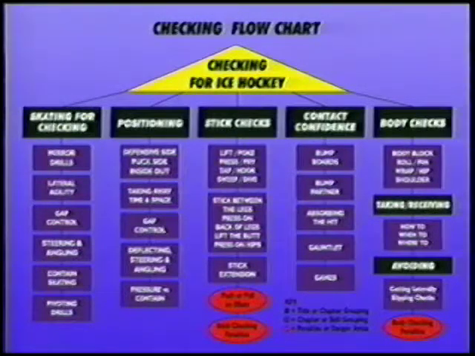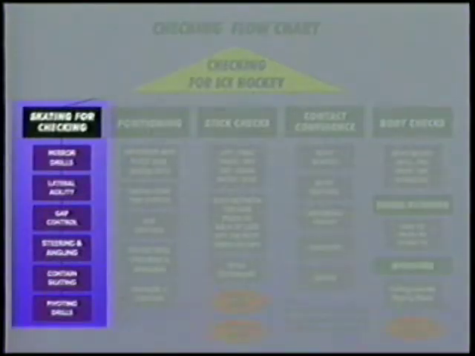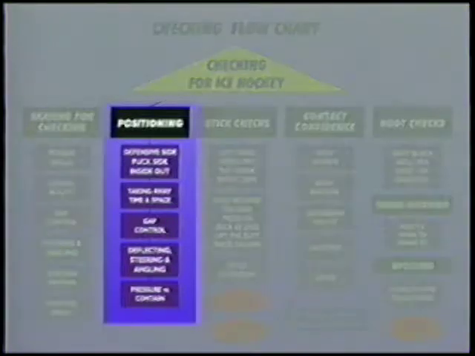I have made a flowchart so that we can define the progression of checking skills. In video 1, we are going to look at skating skills needed to execute checking skills. In video 2, we'll examine positioning to keep your opponent from scoring and how to start the process of regaining puck possession.